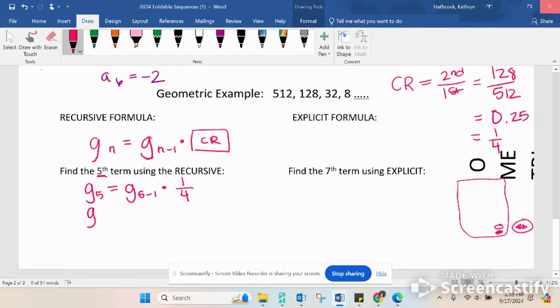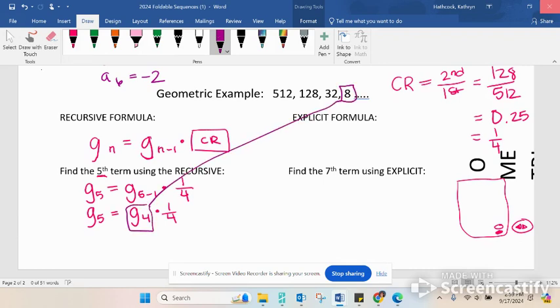I'm going to simplify what I can. G4, because I know 5 minus 1 is 4. But what is my 4th number in my sequence? This comes from my sequence. It's the 4th number. So G5 equals, my 4th number is 8.